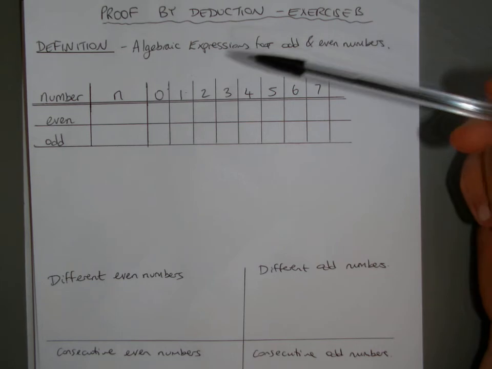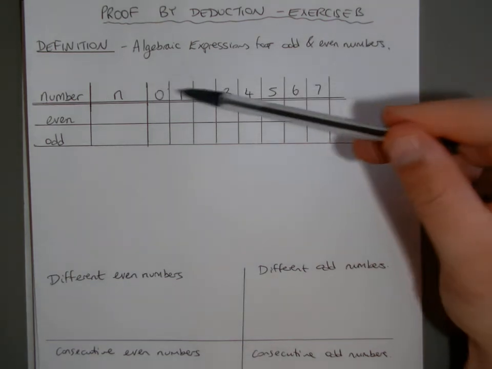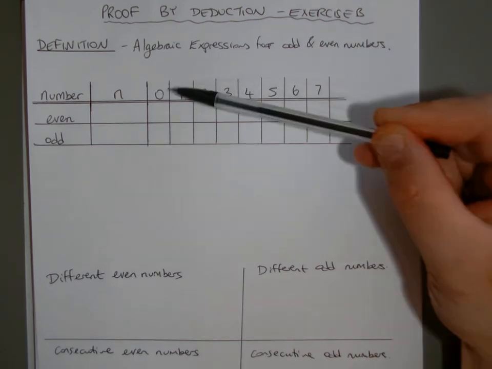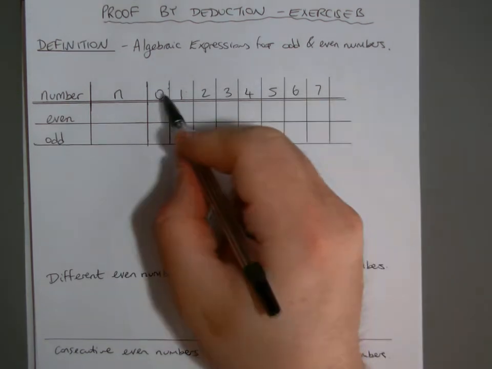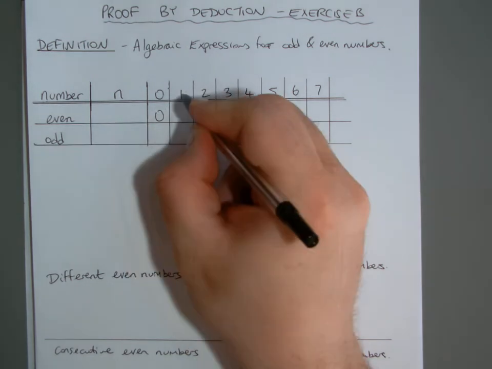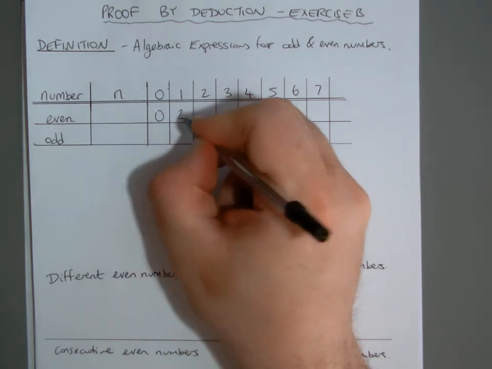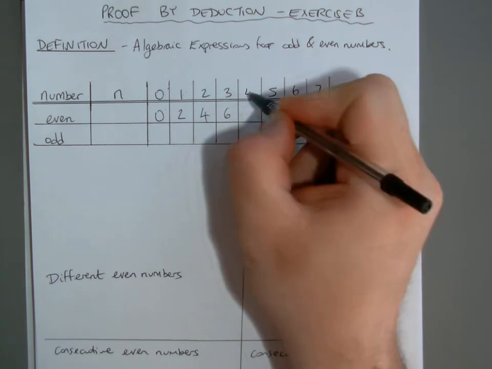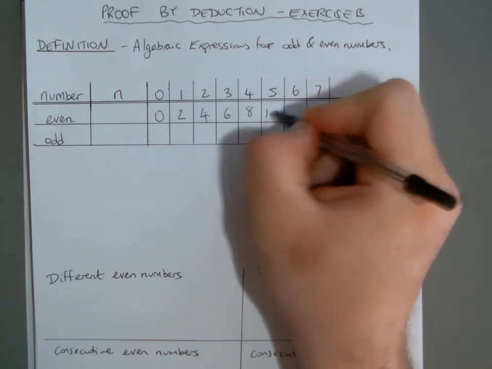We can establish an expression just by taking these values here. If I double them, look what happens. If I double 0, I get 0. Double 1, I get 2. Double 2, I get 4. Double 3, I get 6. Double 4, I get 8. Double 5, I get 10, and so on.